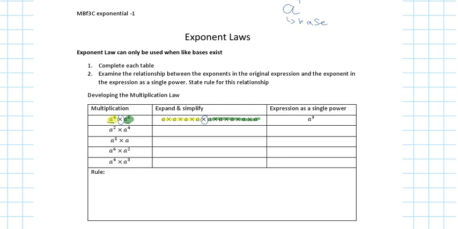All right? Now, let's try this one in the expanded form. So you're going to see a pattern. If I write this in expanded form, I have a times a, that's my a squared, then multiplied by a times a times a times a. A to the power of 6.